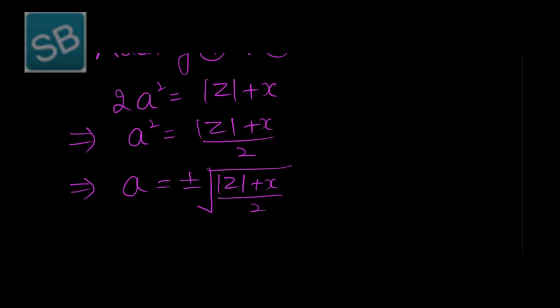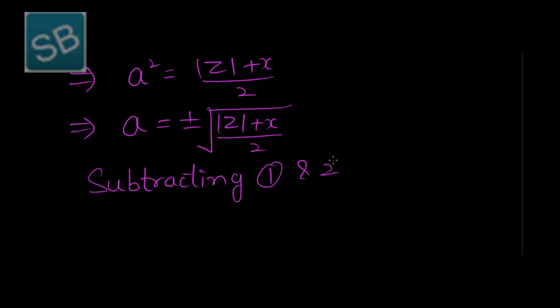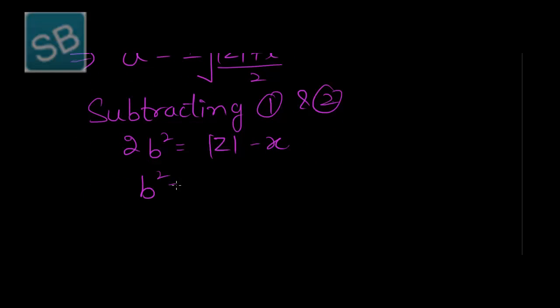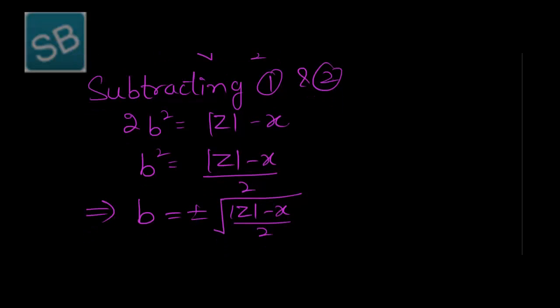And subtracting 1 and 2, we get 2b square is equal to mod z minus x. That is, we get b square is equal to mod z minus x over 2. That gives b is equal to plus minus under root of mod z minus x over 2.